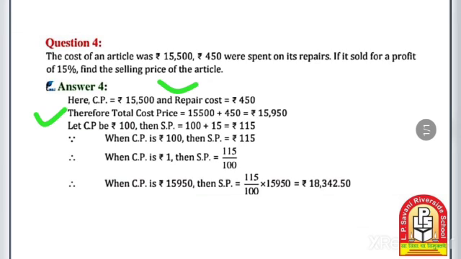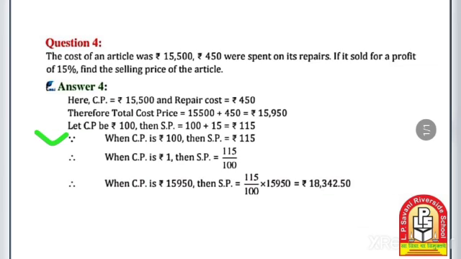So CP is 15,500 and the repair cost is rupees 450. Therefore the total cost price is 15,500 plus 450, that is 15,950.